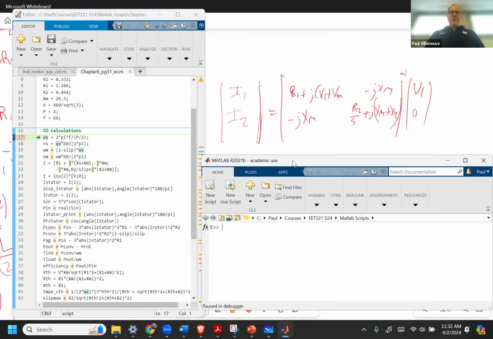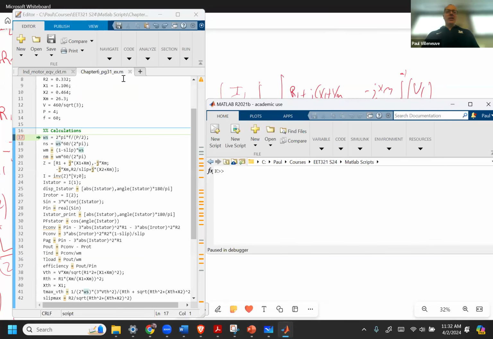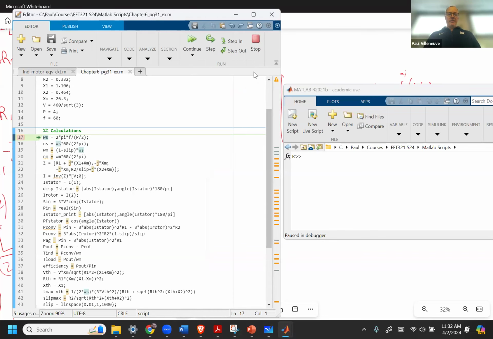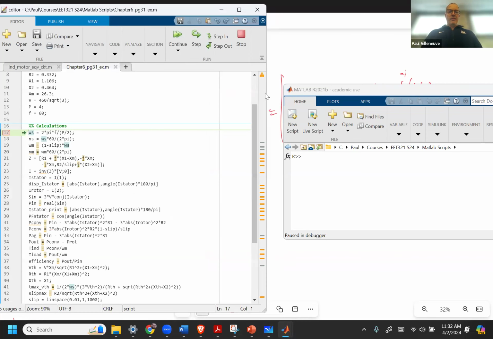Okay, so now we're going to start running it. I guess I made it a little too small, so let's move over this way, because I can't see the stepping part. All right, so I'm going to step.